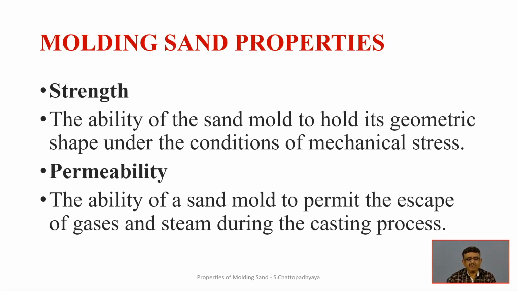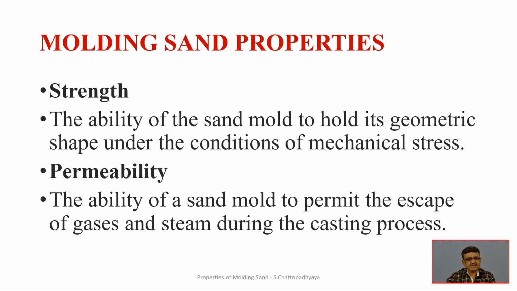If not strong enough, the molten metal will have a detrimental effect on the retention of the shapes made in the molding sand. So, strength is important. And what is strength?